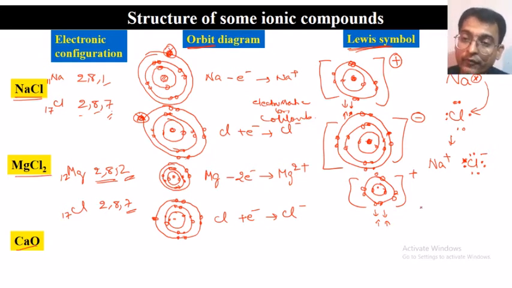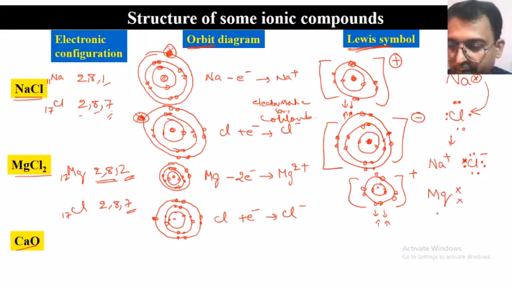So when we are showing this in the Lewis symbol diagram, how will we do it? Magnesium, Mg, has 2 valency electrons, so we will show 2 crosses. And about chlorine, there are 1, 2, 3, 4, 5, 6, 7 valency electrons.